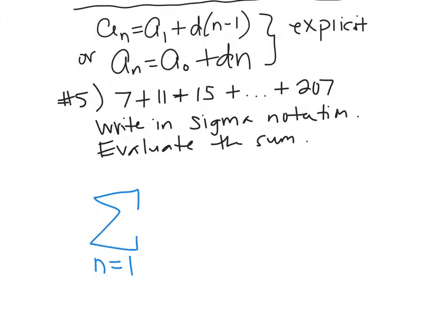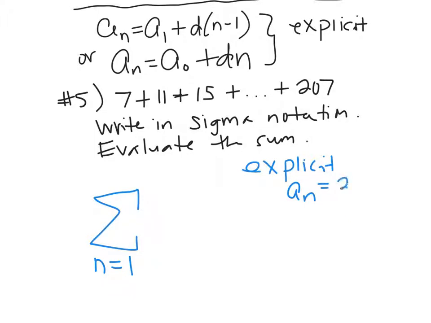Now we need an explicit formula for this arithmetic series up here. So what would my explicit formula be? A sub n equals, how many of you like the a sub 0 plus dn? Yes, me too. What would the number before 7 be? What are we doing each time? We're adding 4, so it would be 3.